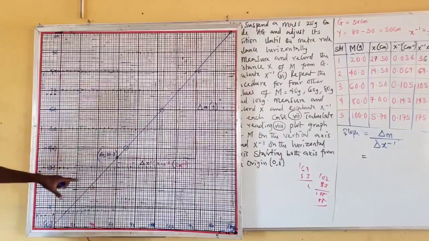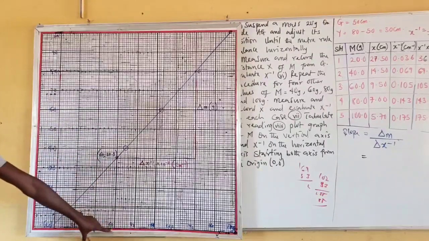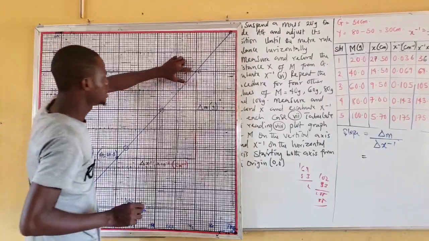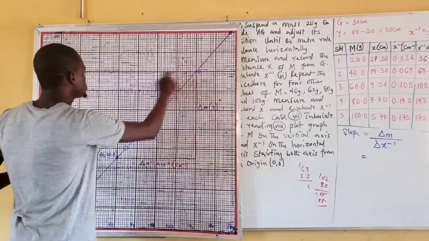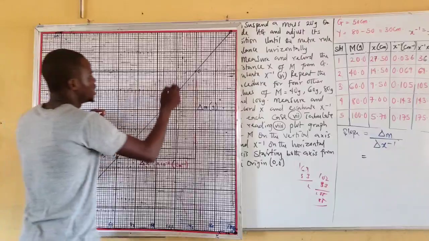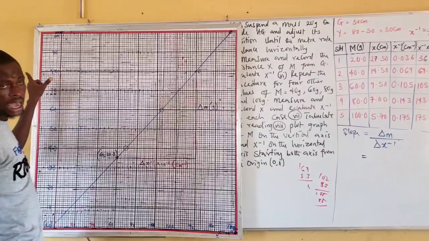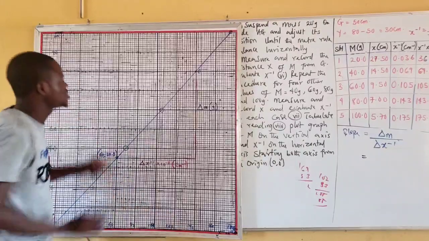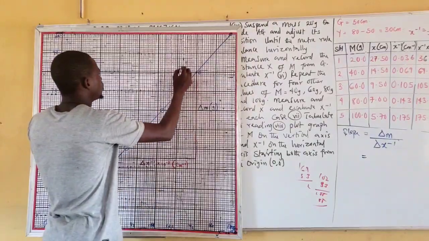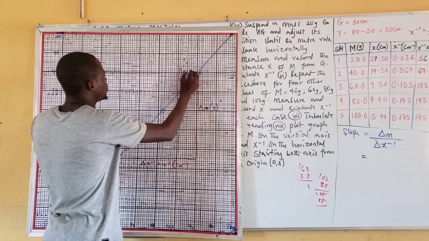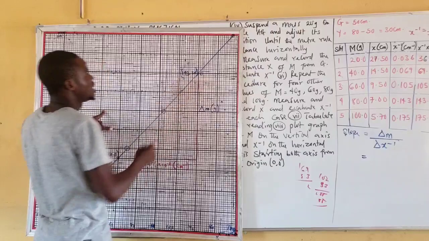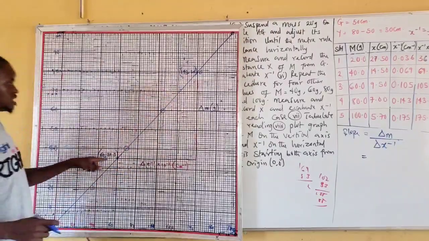That is the coordinate of that point: 60 on the S inverse axis, 30.5 on the M axis. Now the coordinate of this other point: it is 80 on the M axis, while here it is 140. So the coordinate of this point is 140, 80. I've gotten the coordinate of that point and the coordinate of this point.